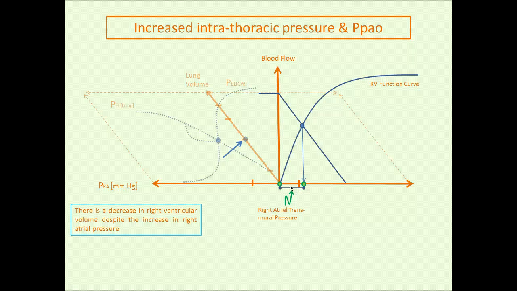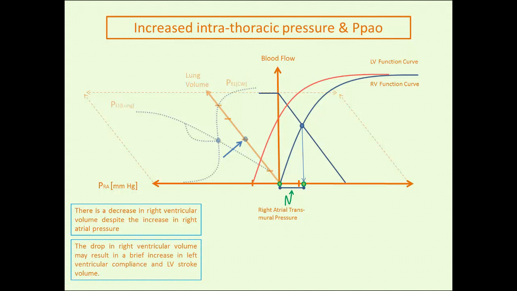And I'm putting it in here because the decrease in right ventricular volume that you get with a Valsalva tends to, via ventricular interdependence, especially if the Valsalva is initiated during diastole, if you shrink the right ventricular volume as you have here, you'll actually improve the compliance transiently of the left ventricle, and now this red left ventricular function curve will actually shift somewhat up and to the left, and that's simply from favorable diastolic interactions for the left ventricle.